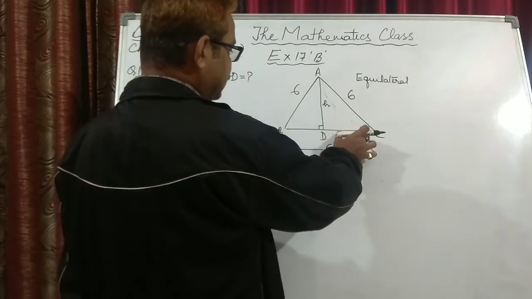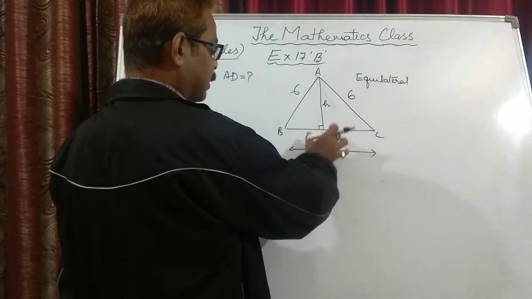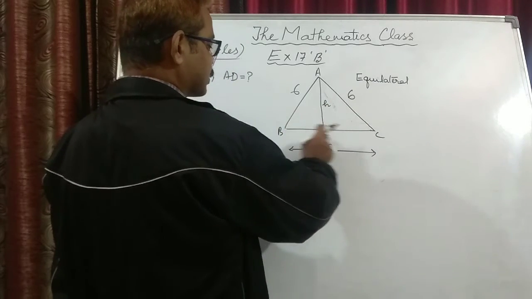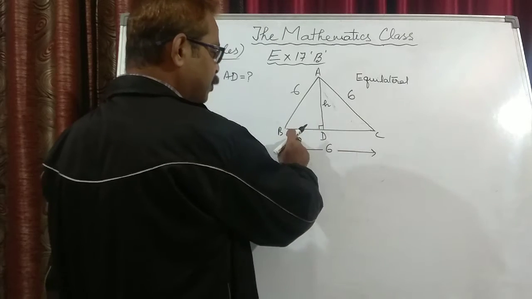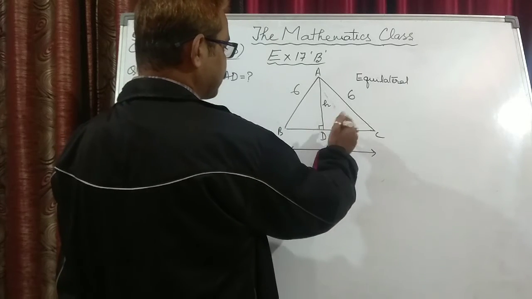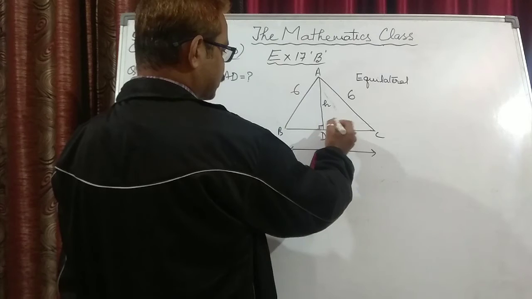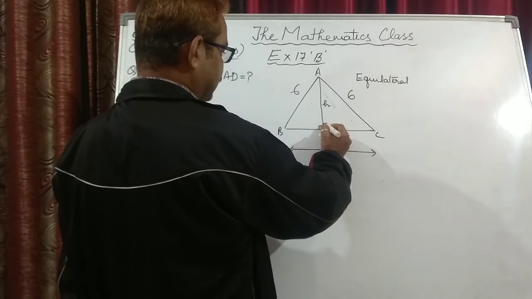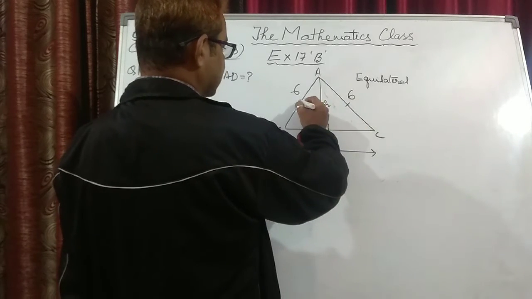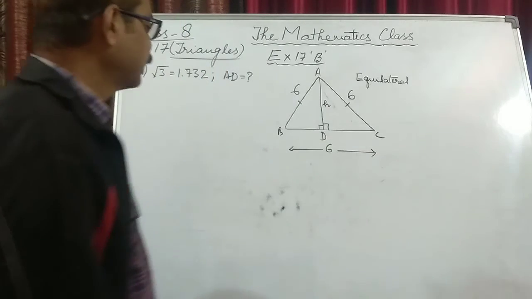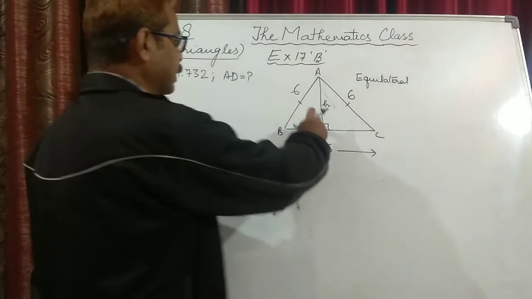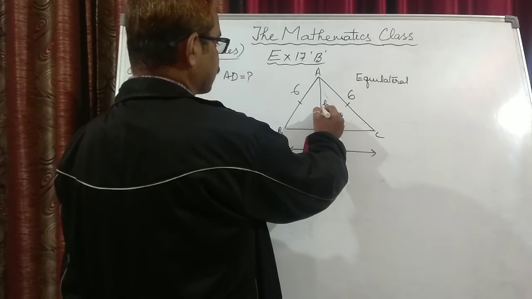Now BD and DC, these two triangles: this D will be the midpoint of BC. Why midpoint? Let's talk about congruency also. This is 90, this is 90, this side is equal, this side is equal, and this is the common side.